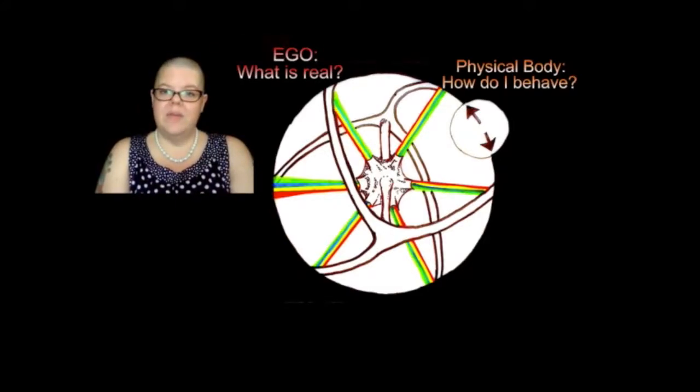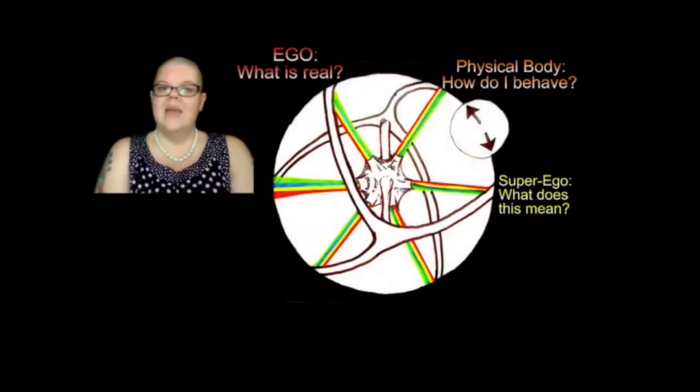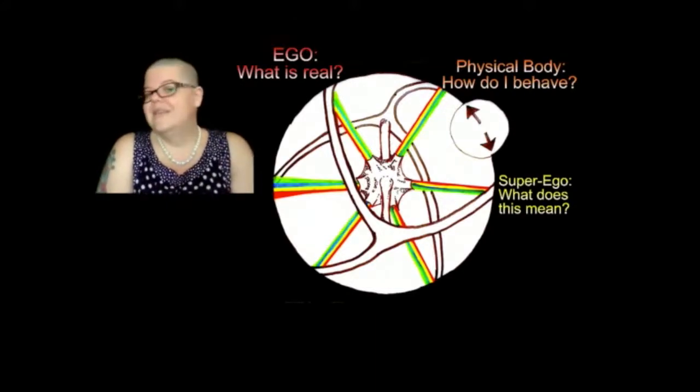This new information needs to be understood, so the processing event is turned over to the next aspect in the chain. This is an excellent place then for the superego, which answers, what does this mean?